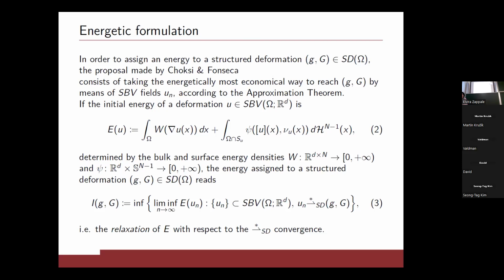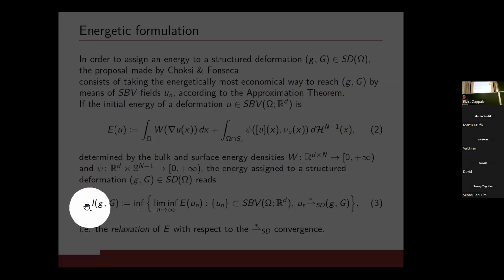They said that the energy that they want to associate to a structured deformation, little g and capital G, is nothing but the least possible energy that you can get, in the variational setting, as a limit of the energy of u_n, where u_n are simple deformations converging in the above sense to the couple little g and capital G.